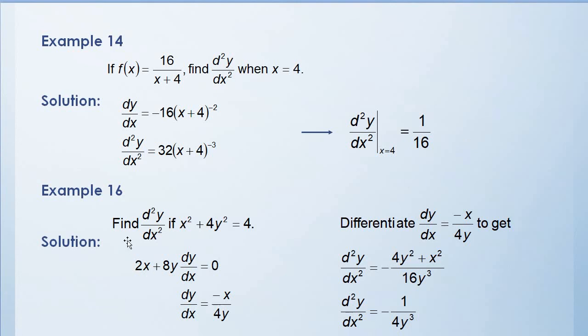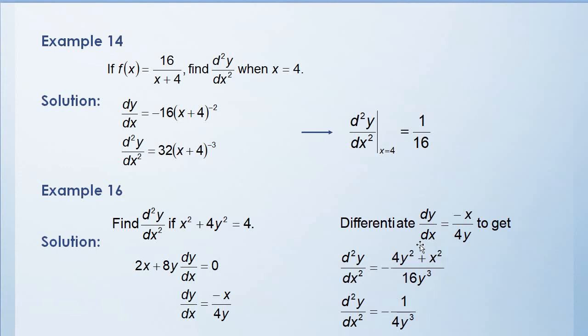And next, find the second derivative if x squared plus 4y squared equals 4. So differentiate x squared plus 4y squared equals 4, we'll get 2x plus 8y dy/dx equals 0. Then dy/dx equals negative x divided by 4y, and differentiate this again, we will get the second derivative of y with respect to x equals (4y squared plus x squared) divided by 16y power 3.